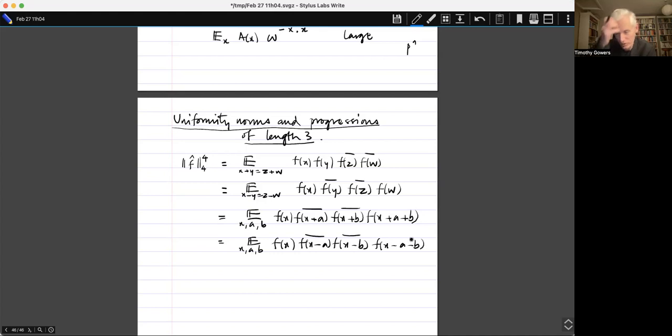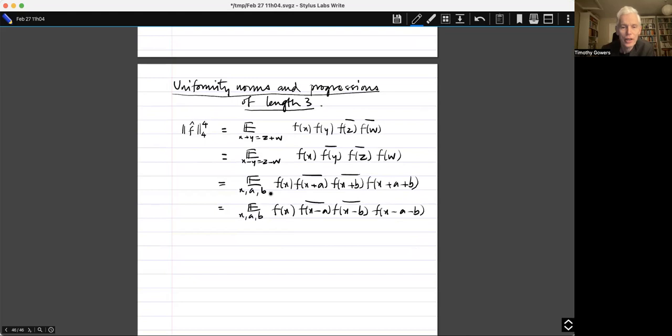I'm just changing variables and then renaming them to the changed variables. And another way we can write it, if we look back to here, is f star f, f star f, which is the same thing as the f star f L2 norm squared.